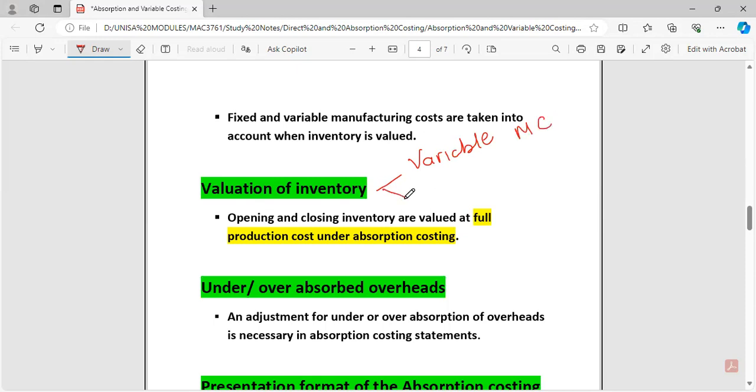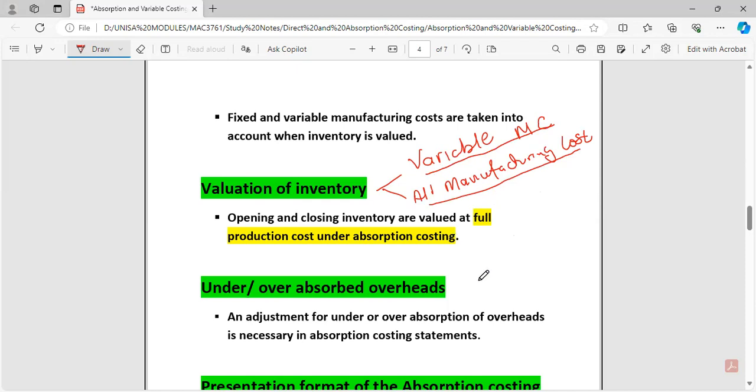And when we are using absorption costing, we are going to use all manufacturing costs. So when you are using direct costing to value your inventory, you are going to use the variable manufacturing cost. But when you are using absorption costing, you are going to use all the manufacturing costs in the cost of the product.